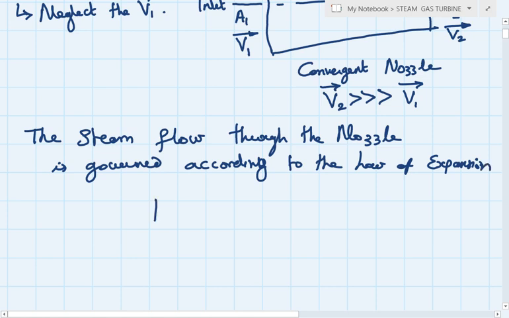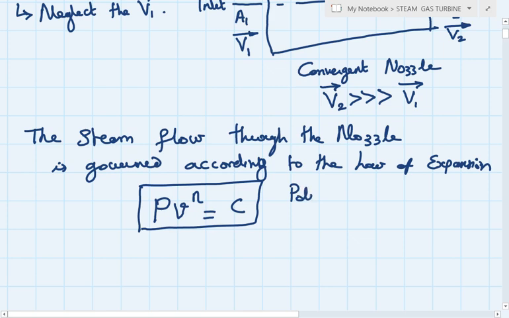That law of expansion is nothing but PV to the power of n is equal to constant. So it is a polytropic law of expansion.